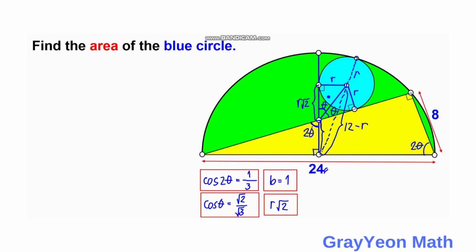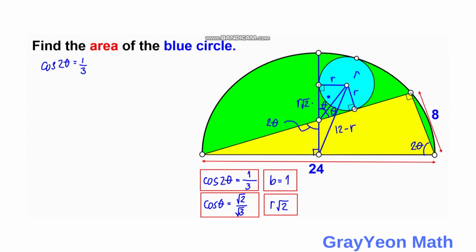We are next to find this distance below the intersection of the blue line and the leg of this yellow circle. So this distance.